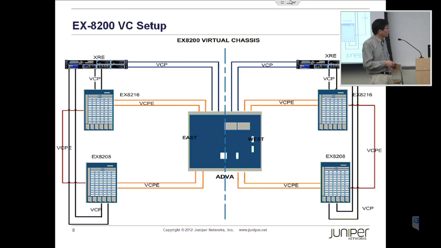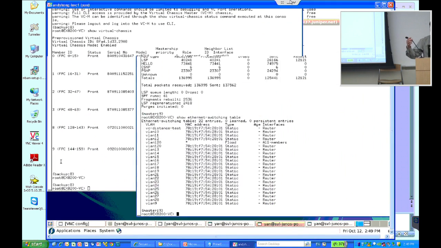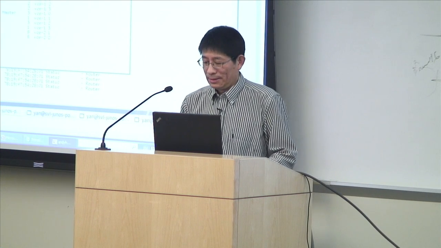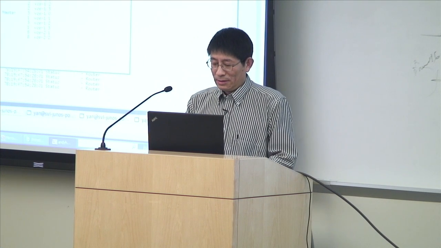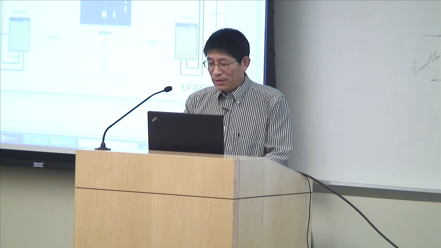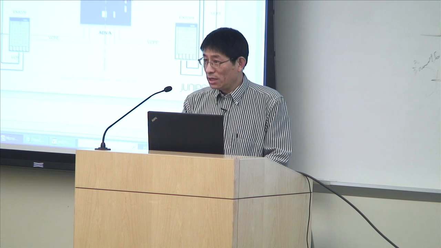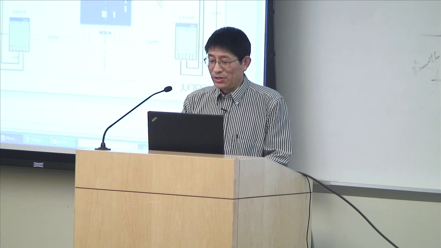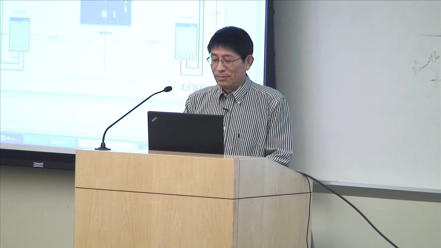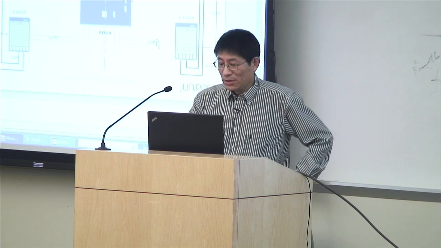So now I'm going to show you some of the internal stuff. I think I can do it over here. Now this is a virtual chassis formed with 8216s. These are the four big switches.